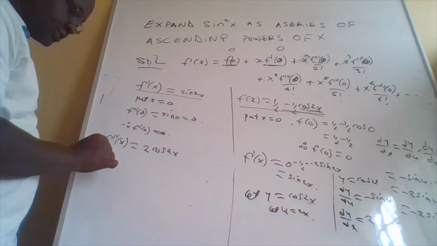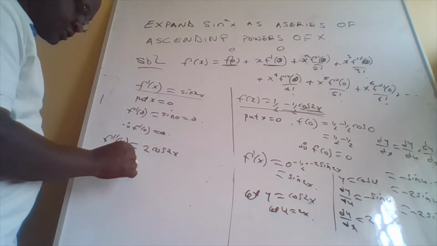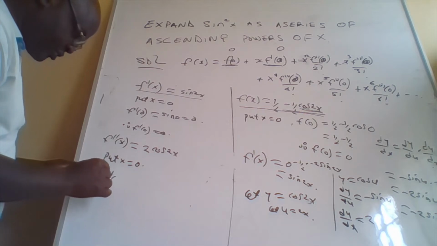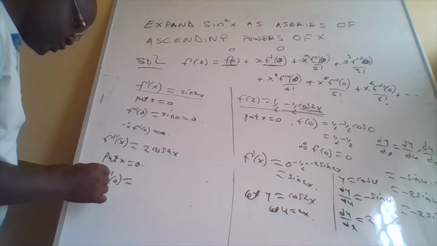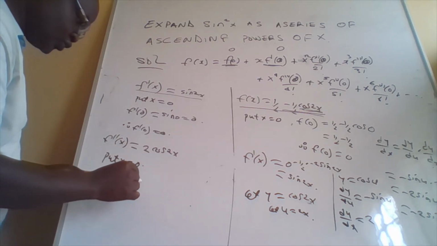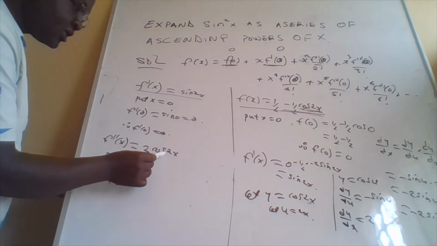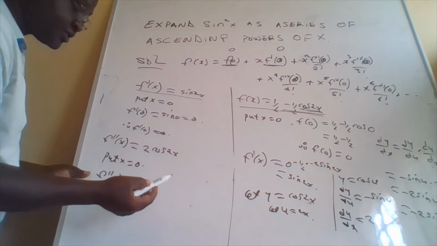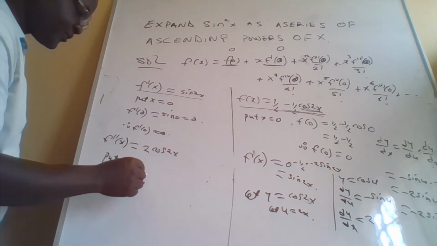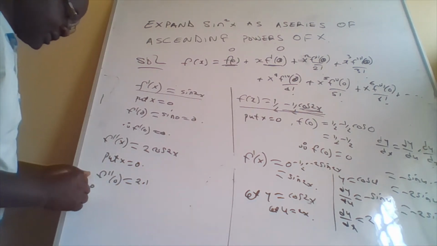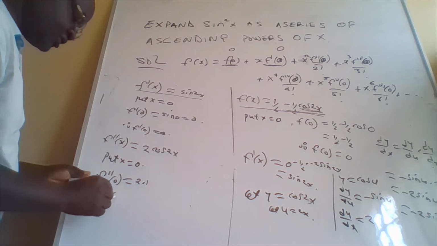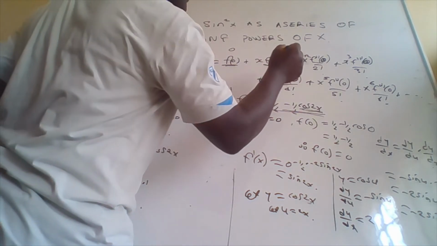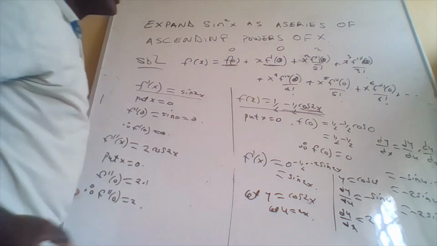Then we put x equals 0. Therefore, f''(0) equals 2 times cos of 0 times 2, which is cos 0, which is 1, times 1. So f''(0) equals 2.